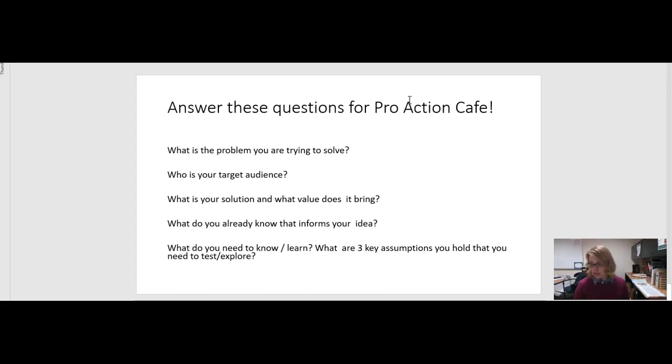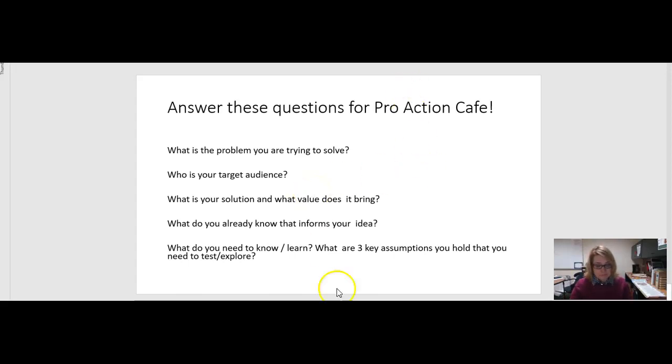What are 3 key assumptions that you hold about this that you need to test and explore in order to really co-evolve or evolve this prototype once you leave the classroom? This is the kind of questions that we're going to be asking in Pro Action Cafe. These are the kind of things I want you to be contemplating as we are talking.